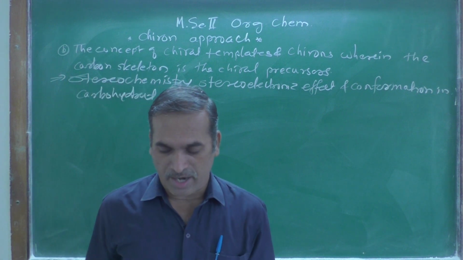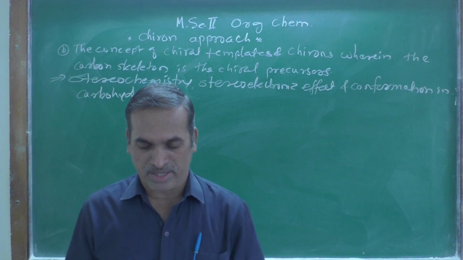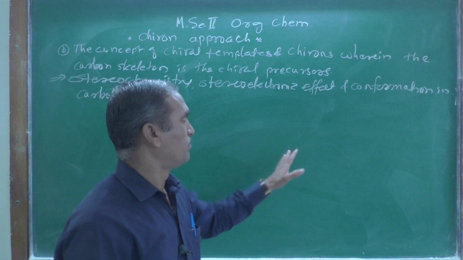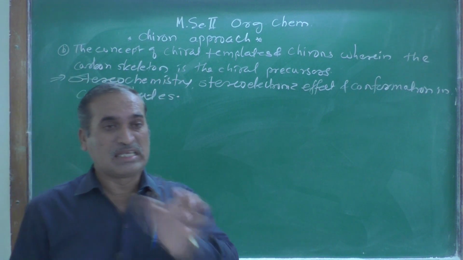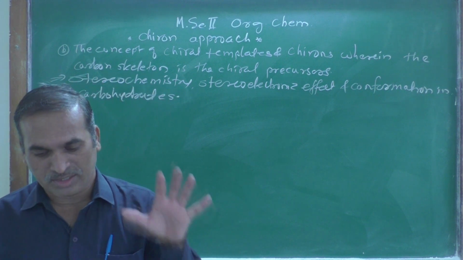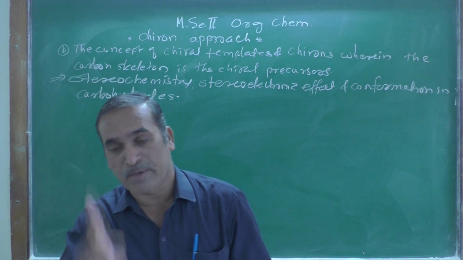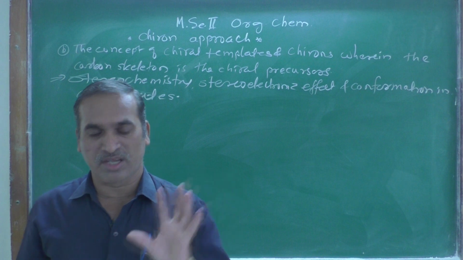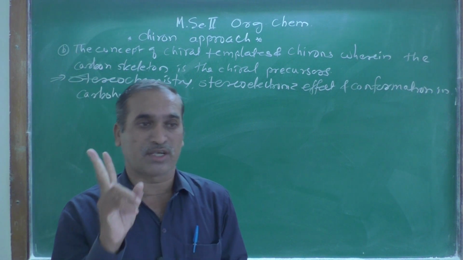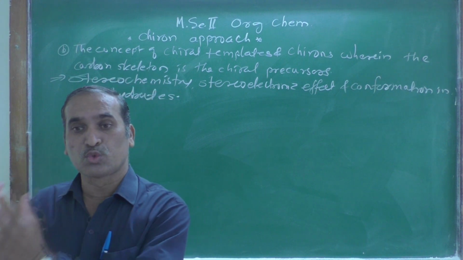In this regard, R plus or S minus glyceraldehyde is the simplest carbohydrate. Glyceraldehyde is used as a reference compound in carbohydrates. It has a 3-carbon skeleton, so it is sometimes known as a triose: tri indicates 3, and ose indicates a sugar unit.